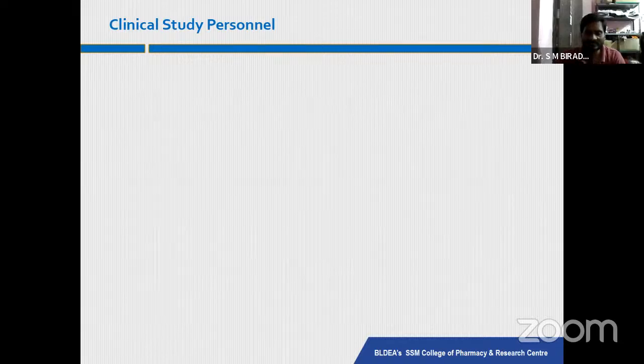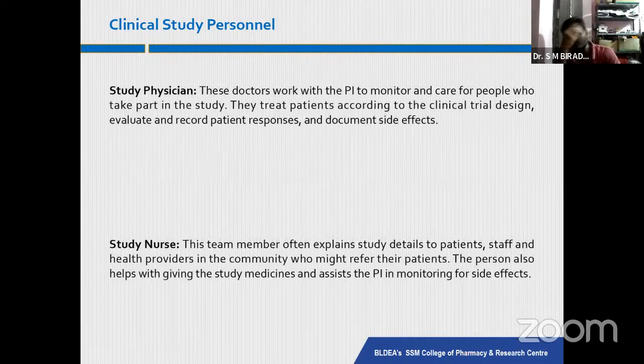And similarly, the nurse is also very important. Sometimes the nurse is the one who is actually involved in the trial, because most of the time with the participants is spent by the nurse. So they might be very keenly observing the patients, and their role is very important.